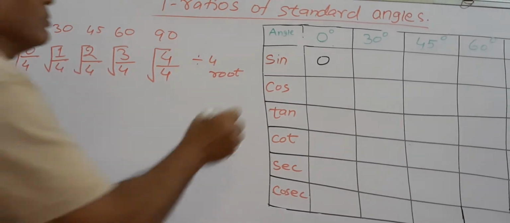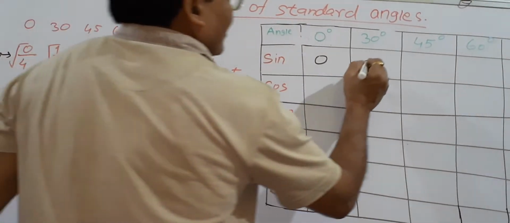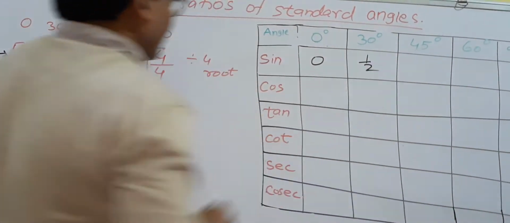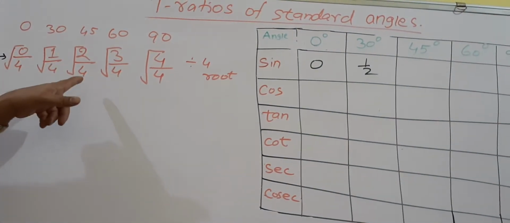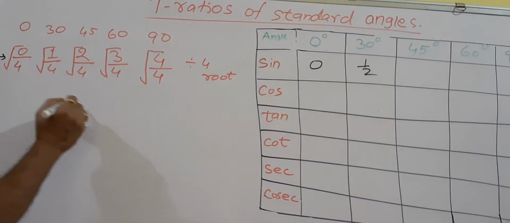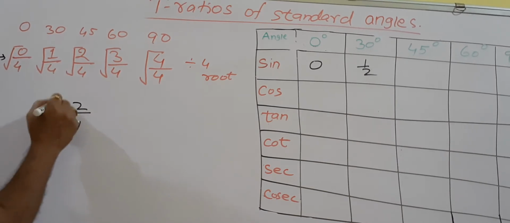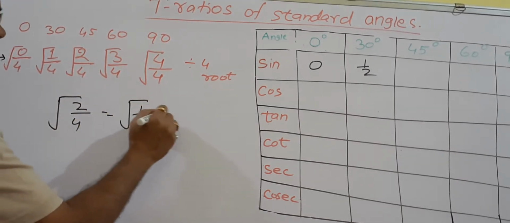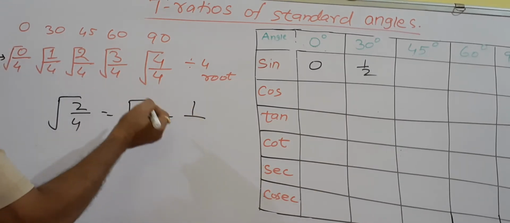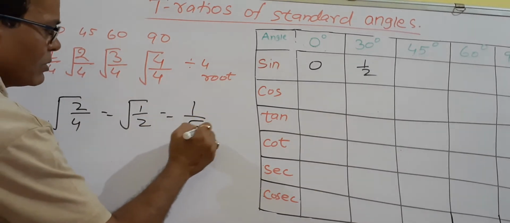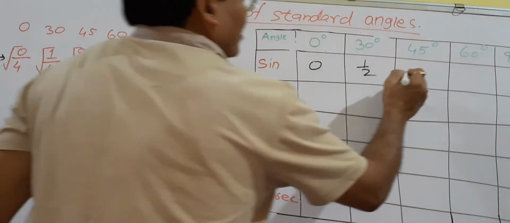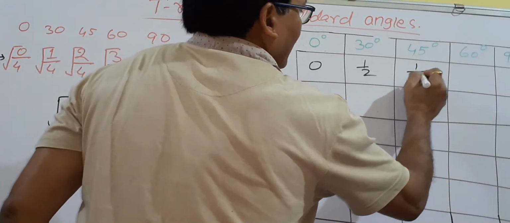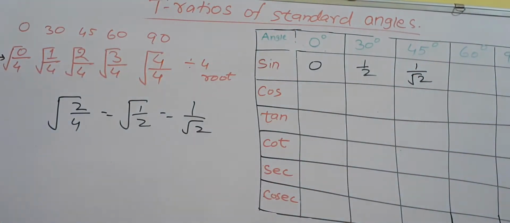So 1 by 2. So sine 30 is equal to 1 by 2. Now 2 by 4: the root of 2 by 4 is equal to root 1 by 2, which is 1 by root 2, which you have learned before.